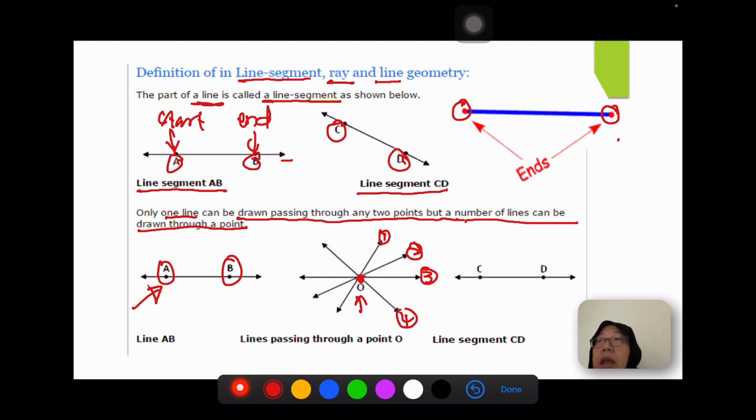And you can add some more if you want to. Like, let's add this one. Sorry, it's not straight, but it should be. And then this one, and then this one, and then this one. So there will be more lines going through a single point as compared to when you place points on a single line. So this is another line segment, CD.